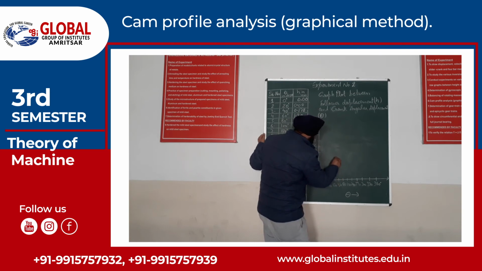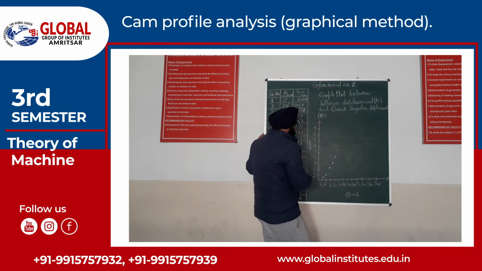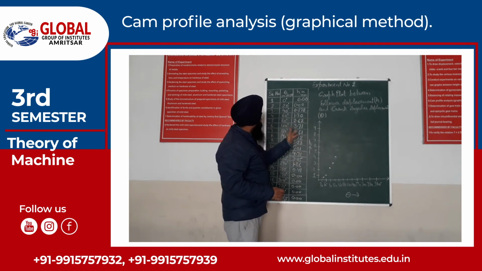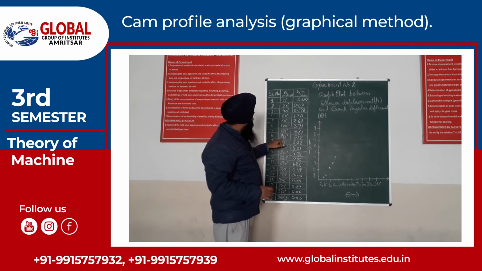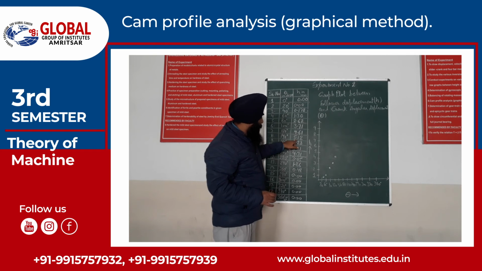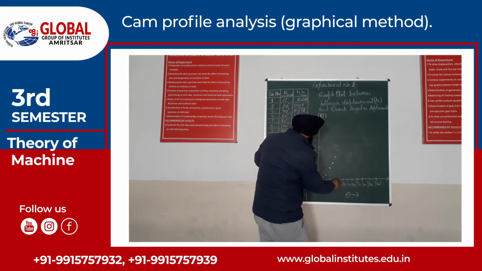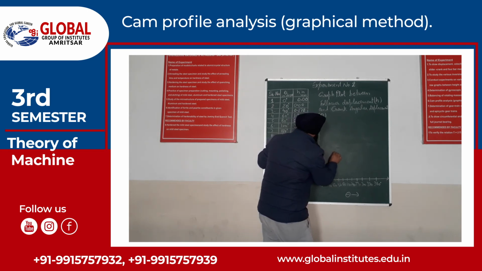So this point comes in this place. These are the points marked on the plot with these two coordinates. Then 140 degrees, 5.12. This point has come.